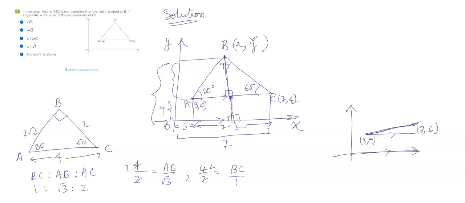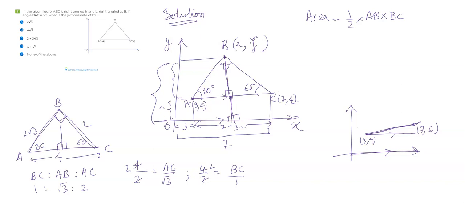Now you might be wondering, why am I doing this? And how is this going to help me find this height here? Well, we need to take advantage of the 90 degrees that we have in the triangle. Here's how you need to write it. We can find the area of the triangle as half AB into BC, because this is 90 degrees, so this will be the base and this will be the height.